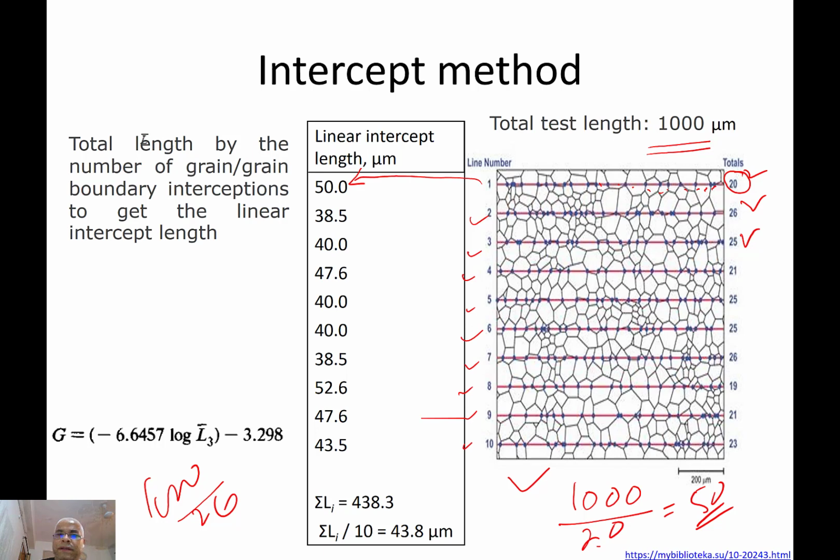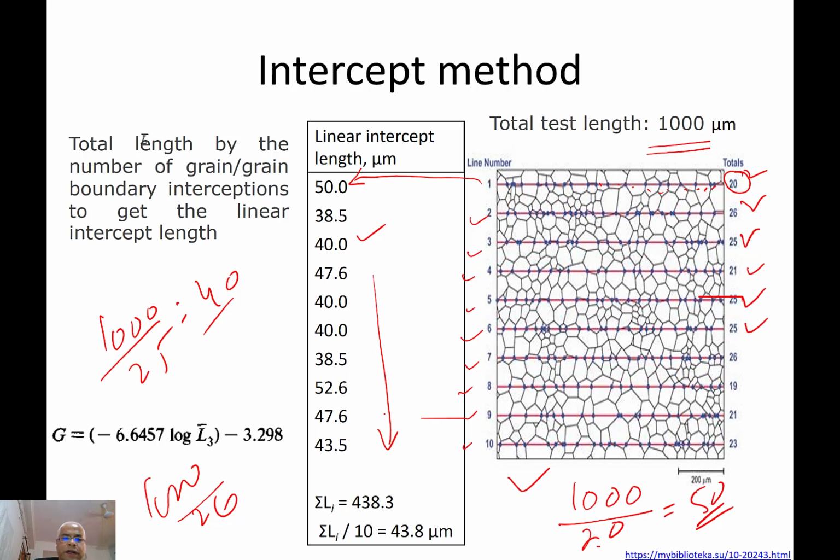So 25 intercepts means 1000 divided by 25, which gives us 40. Likewise, we count the number of intercepts for each of these lines, and the corresponding linear intercept length is calculated.